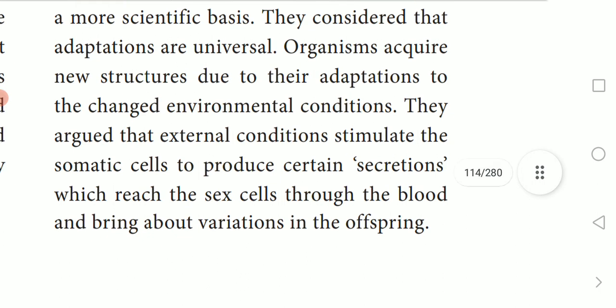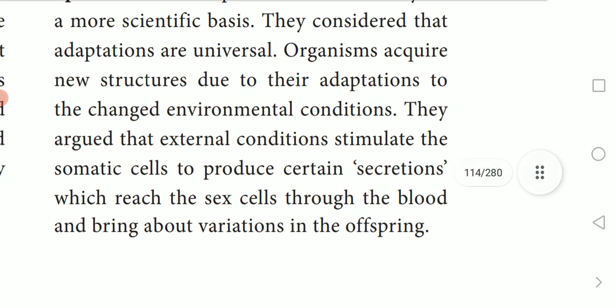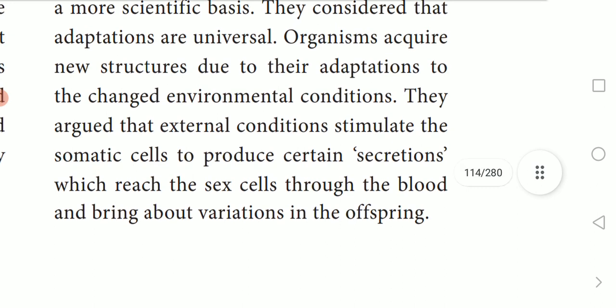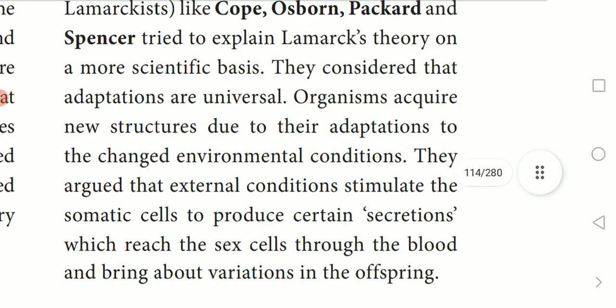They argued that external conditions stimulate the somatic cells to produce certain secretions which reach the sex cells through the blood. So Neo-Lamarckians are those who support Lamarck, and they argue his concept. How do they argue?